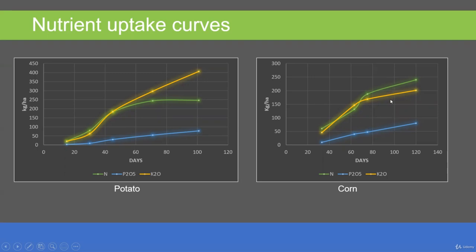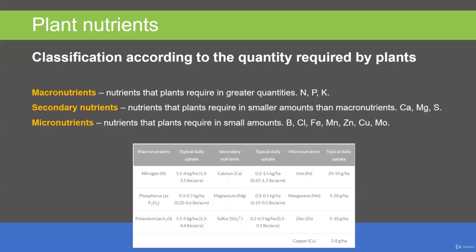So the point here is that each crop has a specific nutrient uptake curve, and we have to match the fertility program to this curve. So it's not only the total amount of nutrients, it's also when we apply the nutrients, because we want to avoid losses of nutrients like leaching of nitrogen, for instance, which we discussed. We want to apply the nutrients when the crop actually needs them. So we have to know this information.